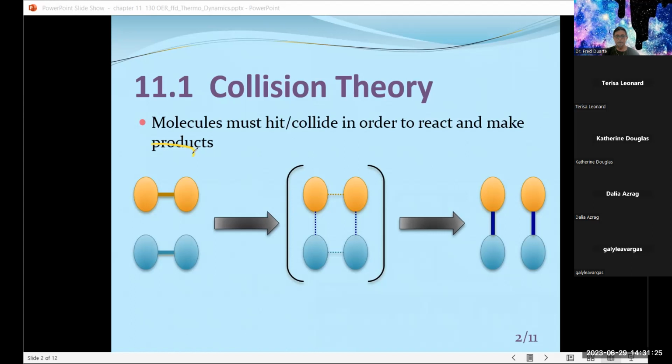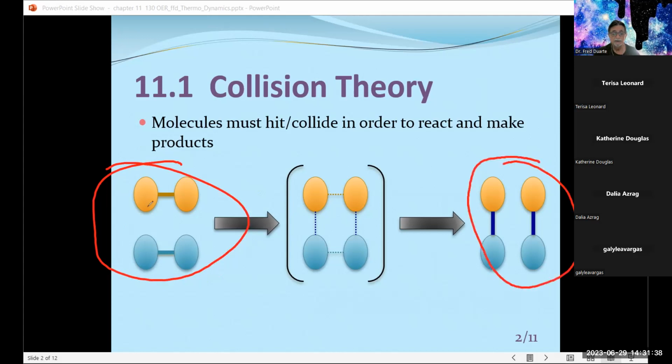So notice here, we've got the two reactants coming together. Let me change this color a little bit. Eventually we're going to make two new products. What's happened is the bond between the two yellows is broken, and the bond between the two reds is broken, and we create two new bonds to make a compound. So we start with two diatomic elements, and we create two compounds.